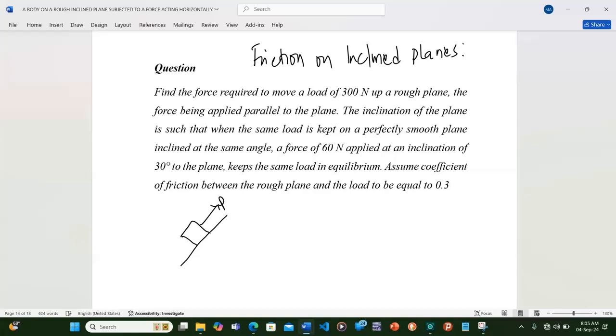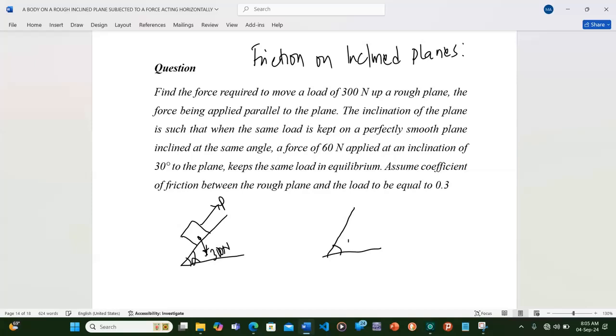Let's call it force P. This is of 300 newtons, and it has an angle of inclination alpha.